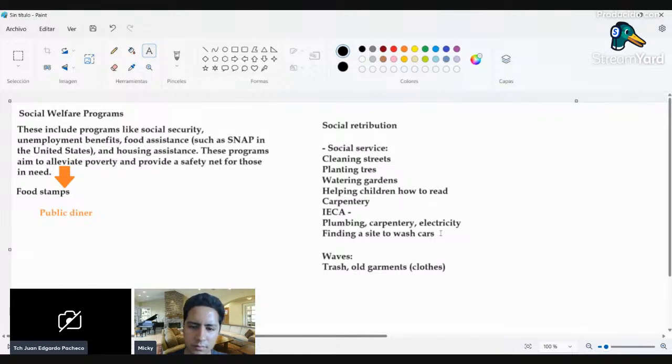I think so. Yeah, exactly. And so, well, that is one of the possibilities. How would you do it? How would a person make sure that these people start doing something productive? What do you think?